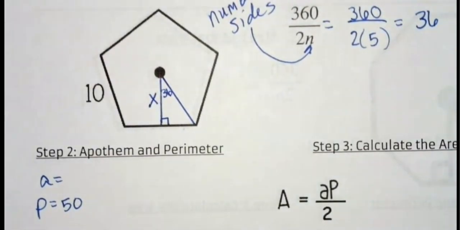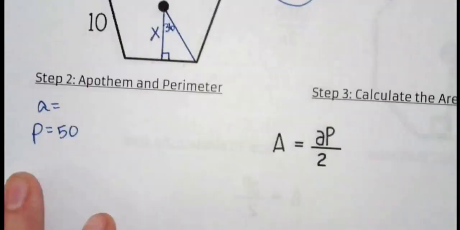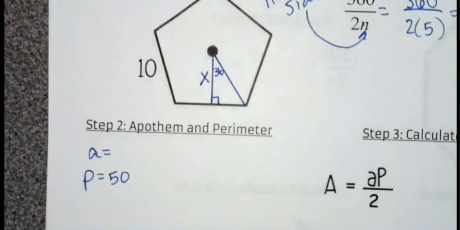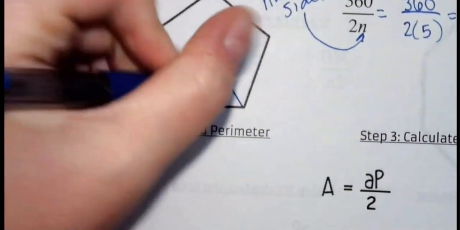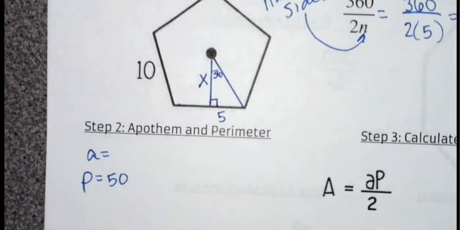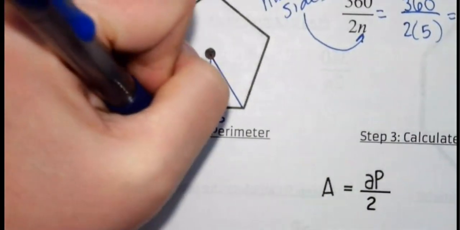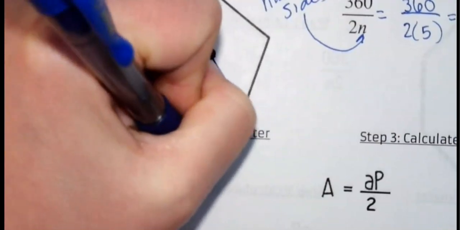If you don't remember how to do trig, we're going to remember. But for the most part, you guys did well on the trig test, so not too worried about it. This is half of the side length, so you have to remember to cut that in half. That's where the 5 comes from. It's just 10 divided by 2.